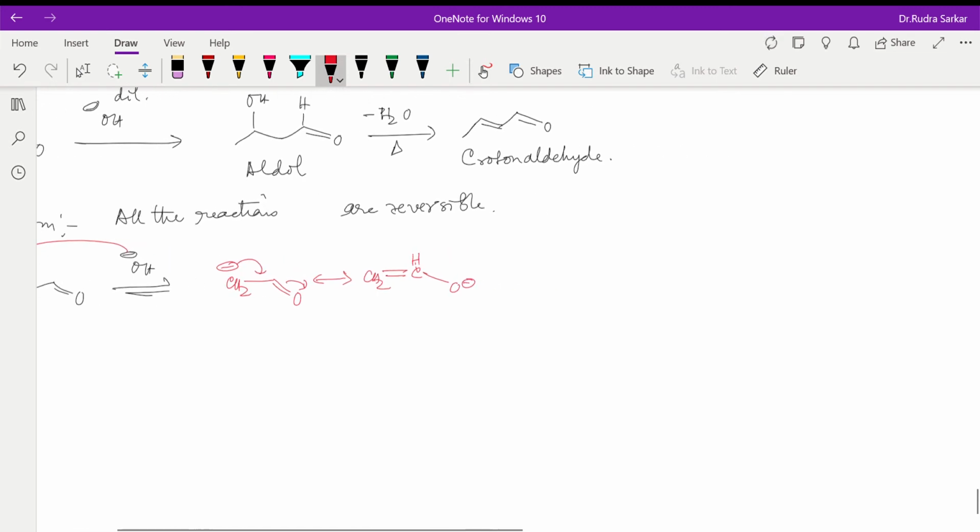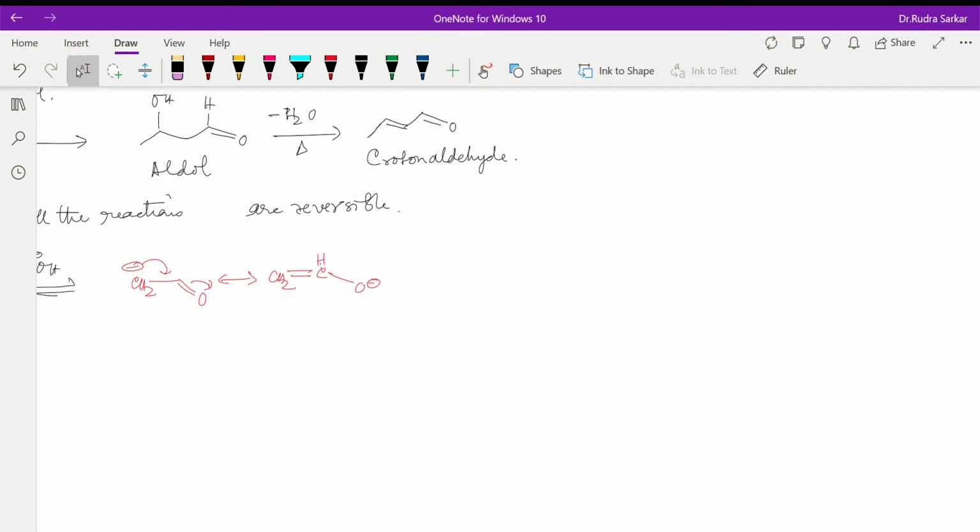Okay, now the enolate formed over here will attack another molecule of acetaldehyde.